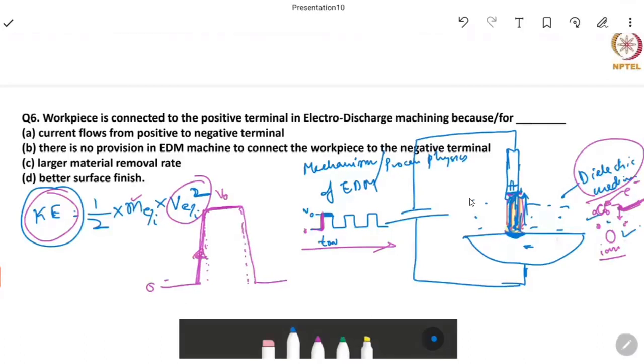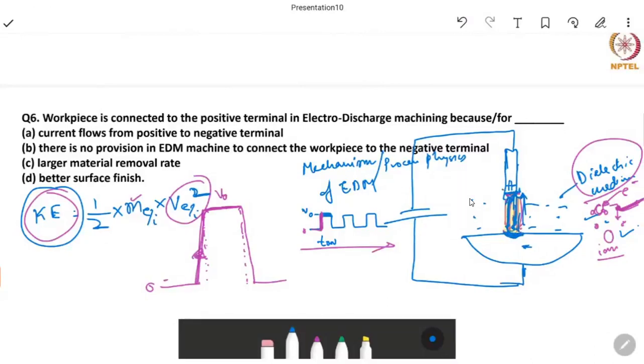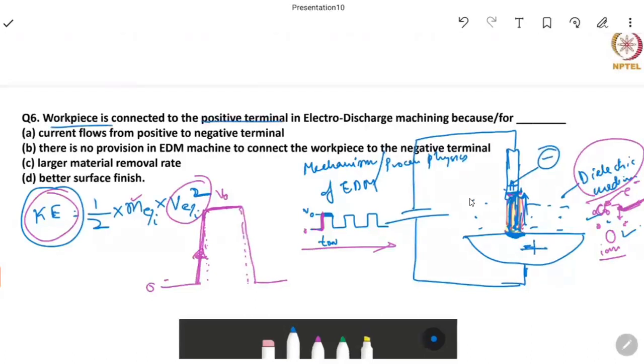So the material removal will be very low, and the tool wear rate will be very high, which is obviously something that we don't want. That is why we connect the tool to the negative terminal and the workpiece to the positive terminal, for a larger material removal rate.